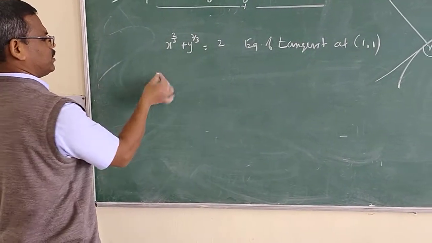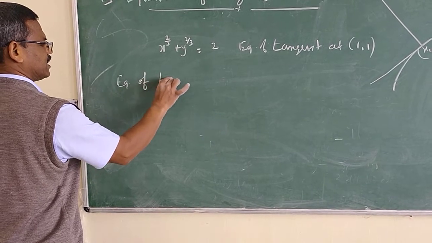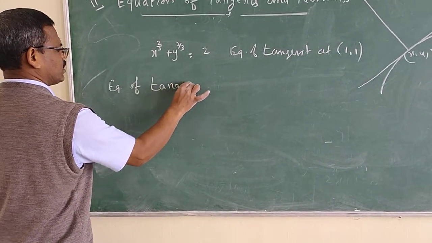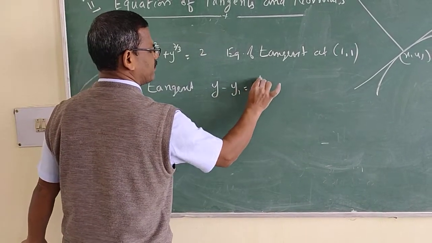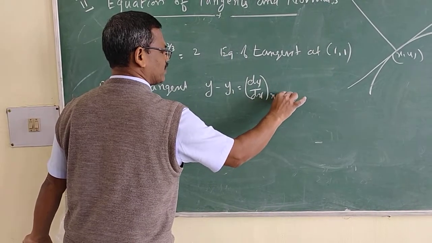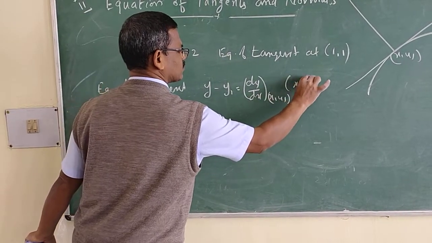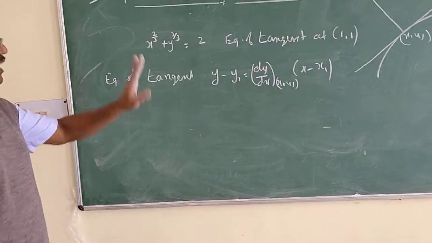First, you have to remember and write that formula. What is the equation of the tangent? y minus y1 is equal to dy by dx at x1 y1 into x minus x1. This is the formula we use for finding the equation of the tangent.